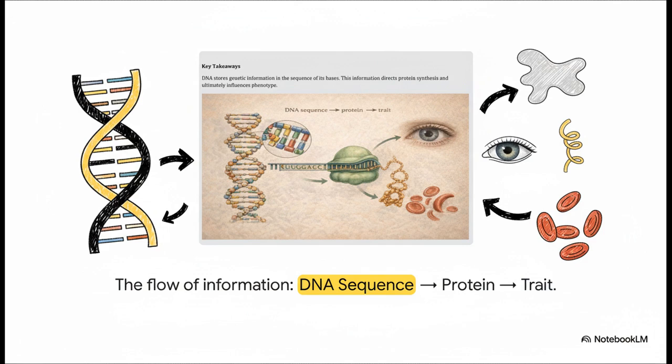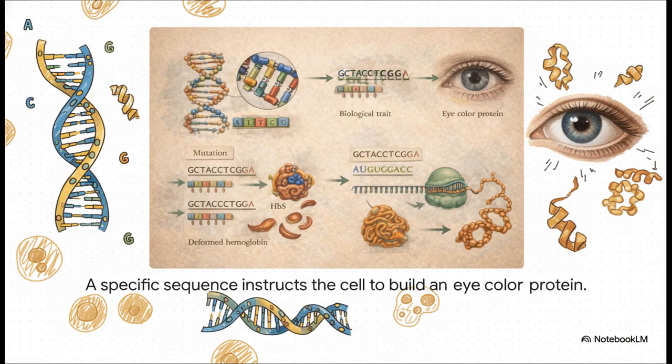It's a direct pipeline, from the sequence to the protein to the trait. Let's make this totally concrete. A particular stretch of DNA, a very specific sequence of those four bases, tells the machinery in your cells exactly how to assemble the protein that's responsible for your eye color. The right sequence makes the right protein, which gives you the right trait.